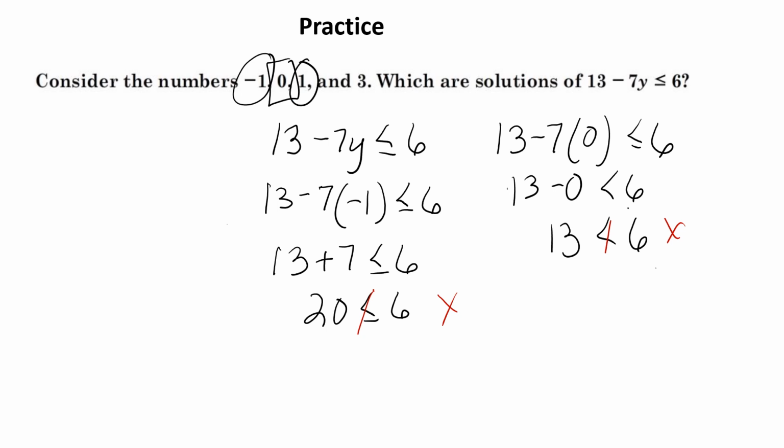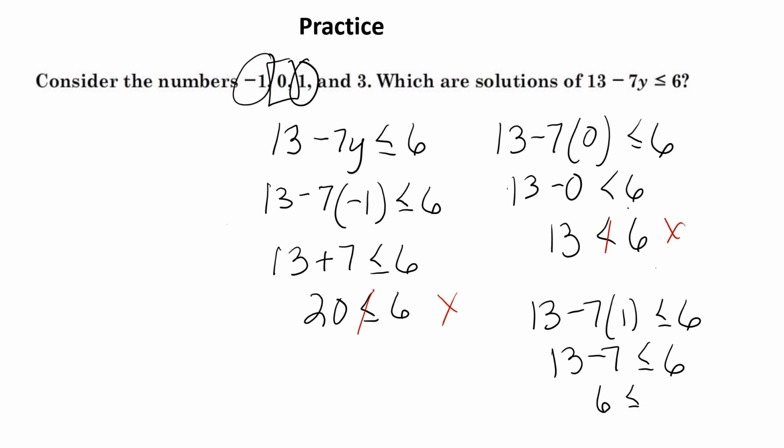Let's plug in 1 now. 13 minus 7 times 1 is less than or equal to 6. 13 minus 7, that should give us a 6. Oh, look at this. This one actually is a true statement. So far, 1 is a solution.